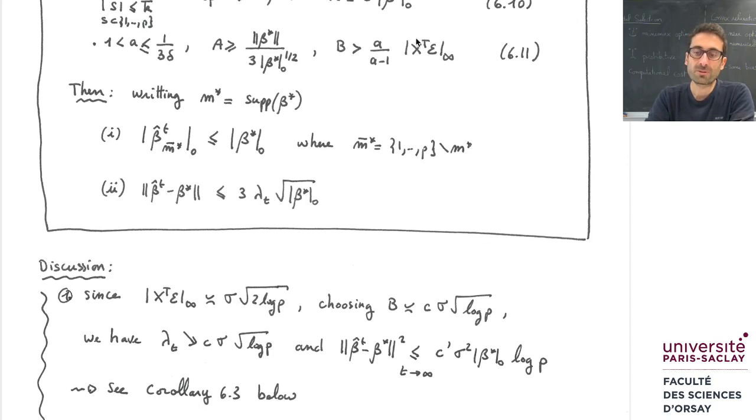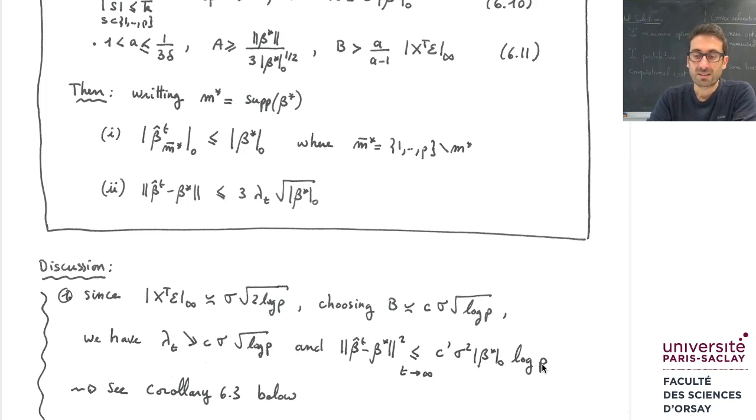First, let me discuss this result. What we know is that this quantity, which we have already met when looking at the lasso estimator, behaves essentially as sigma times square root 2 log p, up to some constant. So if you choose b equal to a constant times sigma square root 2 log p, since lambda t will decrease to this quantity, for t large enough the norm of beta hat t minus beta star squared will be smaller than a constant times the number of non-zero coefficients times log p.